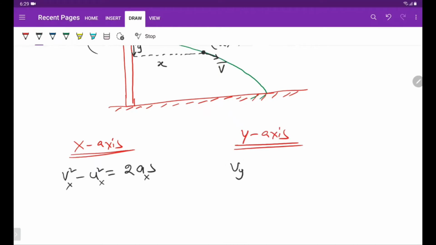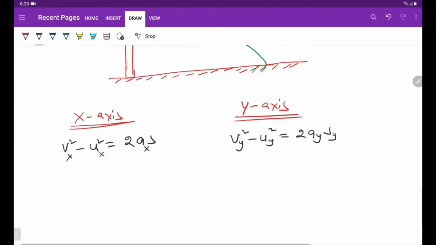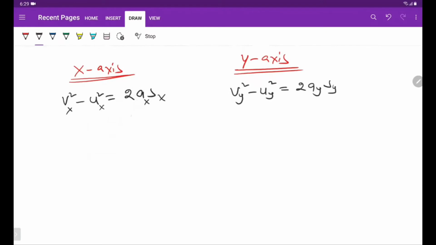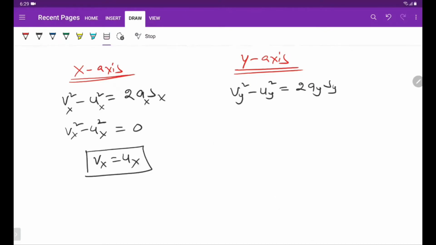So along y-axis, vy square minus uy square is equal to 2ay into s. Along x direction, acceleration is 0. So vx square minus ux square is 0. Finally, we get vx is equal to ux, we know already. So vx is equal to u.